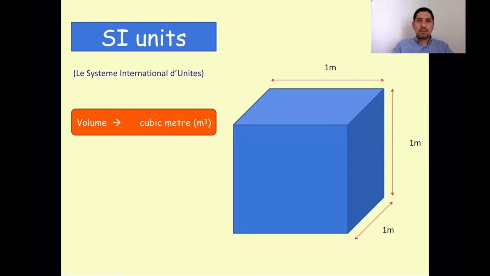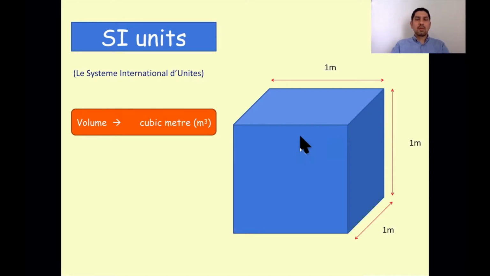The SI unit, last video I was talking about SI units, which stands for the system of international units. The SI unit of volume is meter cube. So what is volume?